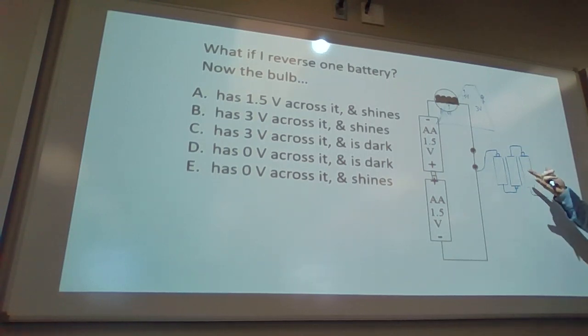If you flipped one of those, it doesn't work because it doesn't provide the required voltage. So this would be 4.5 volts. If you had 4 batteries, that would require 6 volts. That makes sense? So every time it adds a battery, you're increasing the voltage by 1.5 volts. Good with that?